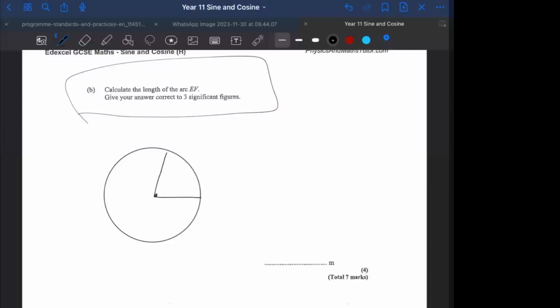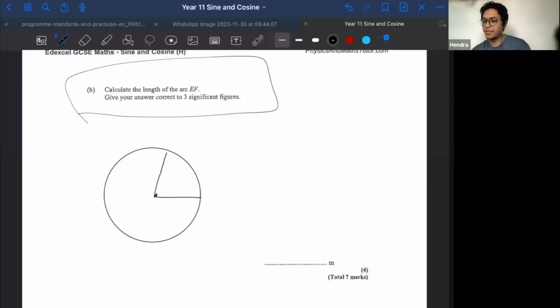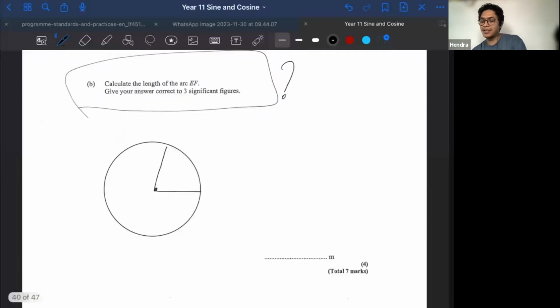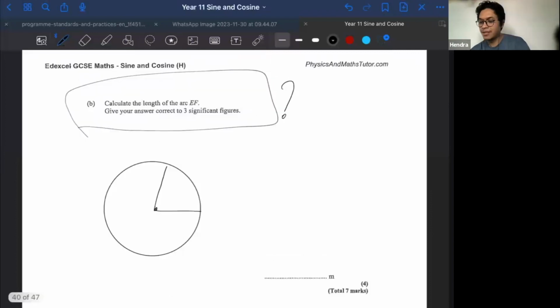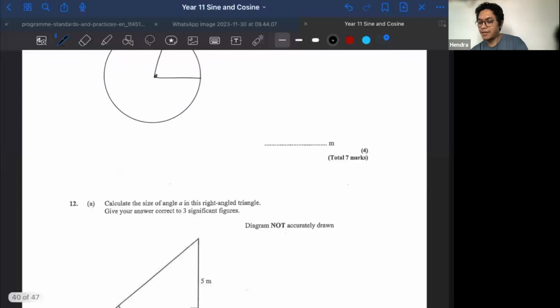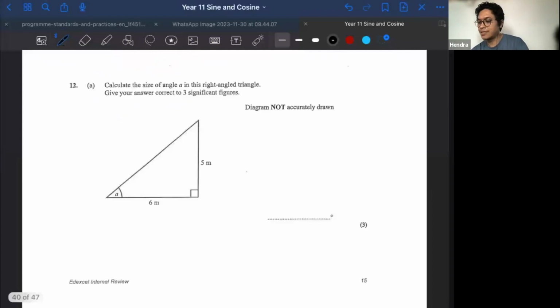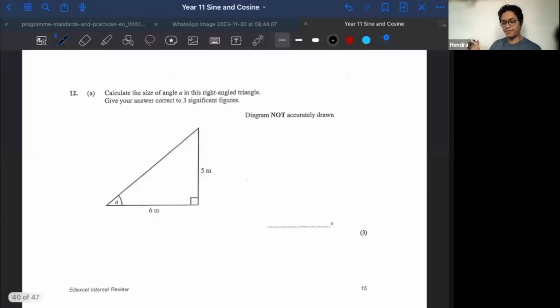All right, so just say missing information or a question mark. There should be other information previously. Maybe it is attached in another worksheet, but for now this is not really related to sine and cosine. It's just the area of a circle. Maybe we can skip that and continue to number 12. What do you think?